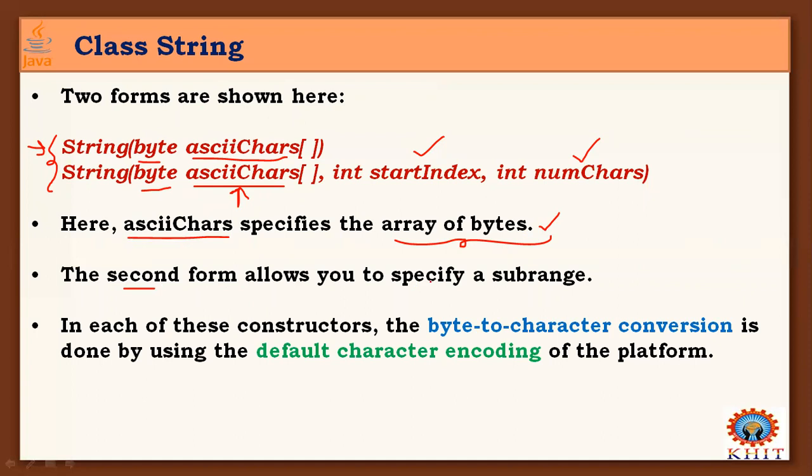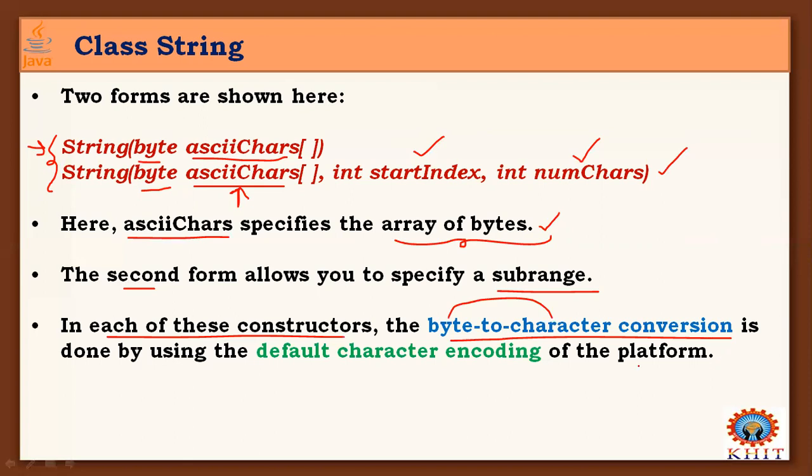The second form involves a subrange. We already know how to use this type of constructor in string declarations, string objects. In each of these constructors, a conversion takes place between byte and character, which we call byte-to-character conversion.